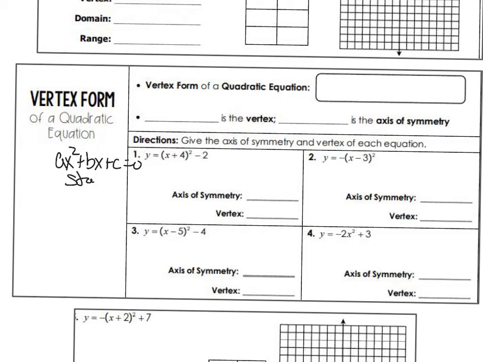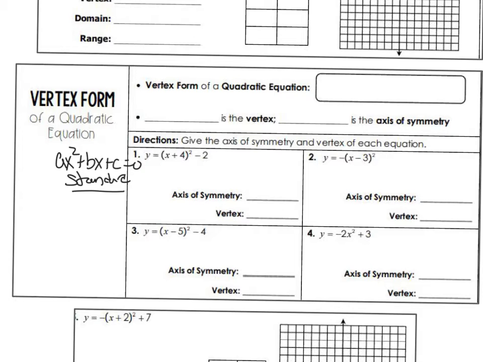That's standard form, and that's the form we use when we're factoring, and then some other methods we're going to learn. But there is another form called vertex form.